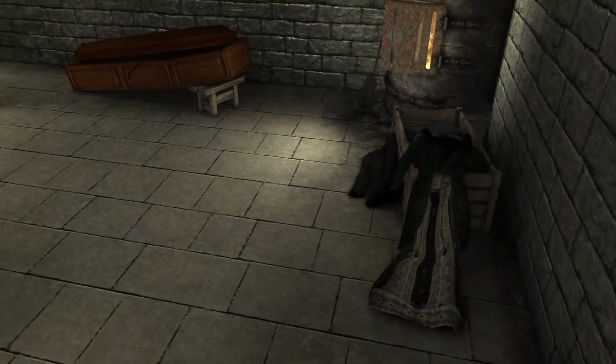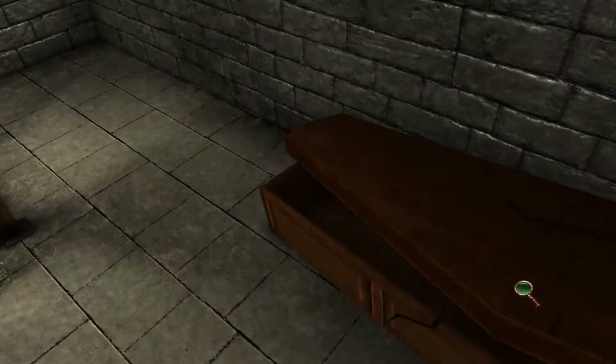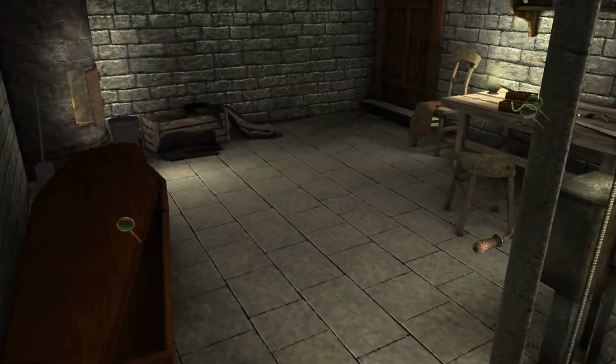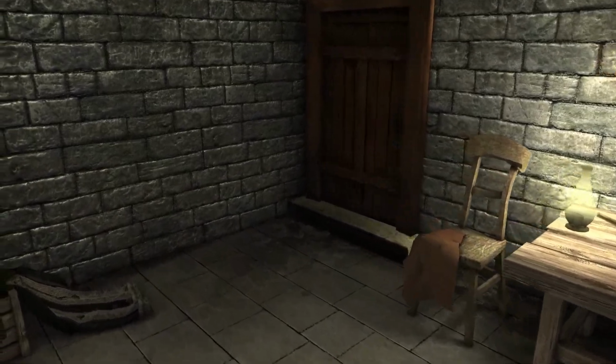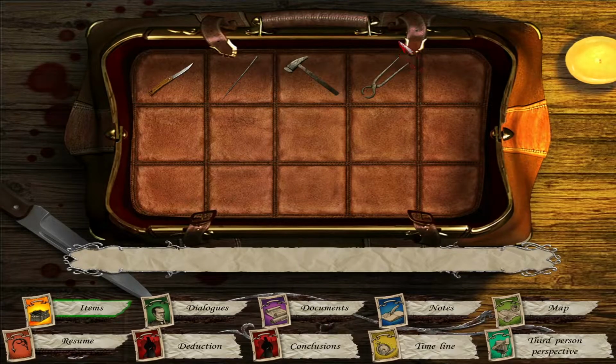Nails or something like that? Well, there's that. No, we don't need the coffin. I can't see anything in here. Do I need to combine these? No.